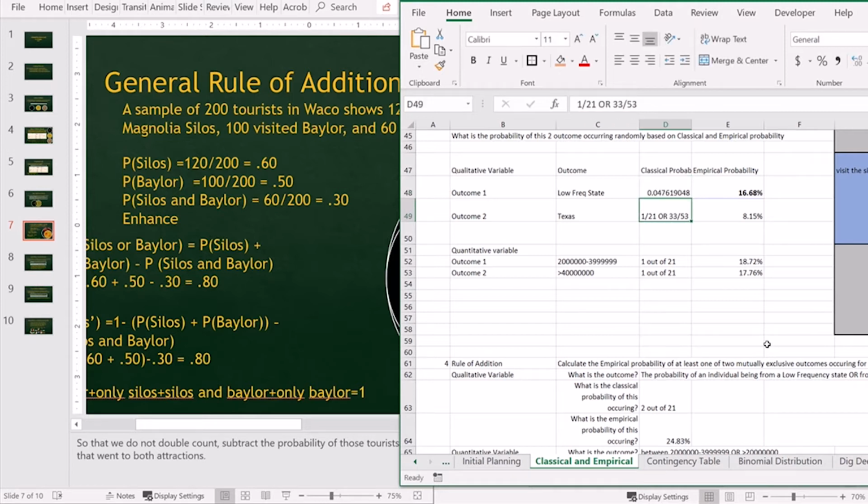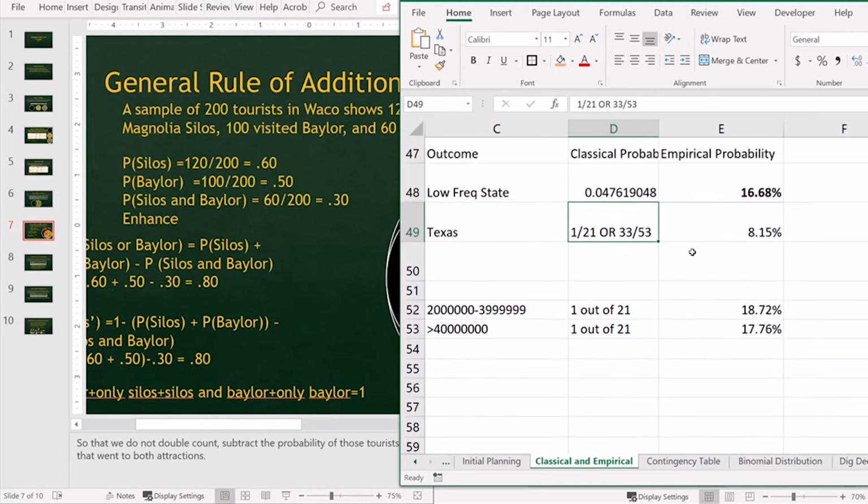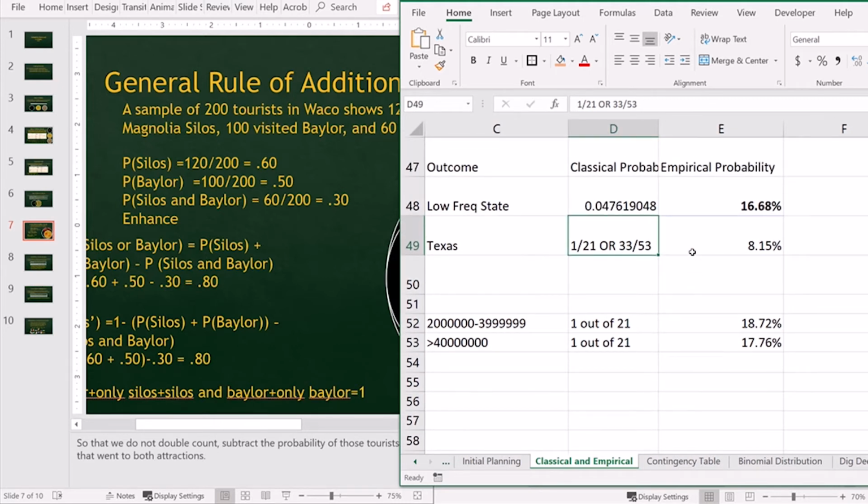I'm going to make that a little bit bigger. What's a classical probability? The classical probability of you being in a low frequency state, of you being in just one of those categories. Why is that?